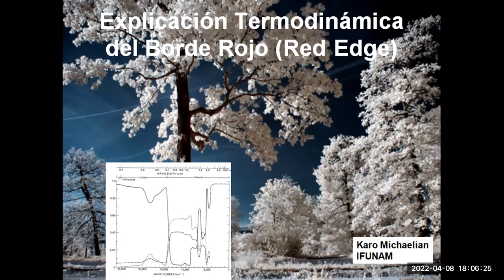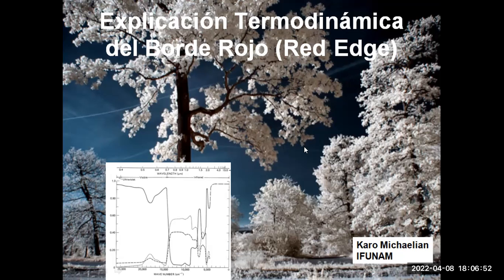So there is a possibility of providing pigments which do absorb in the range 700 to about 1,000 nanometers, but most of them don't. So the question is why? If you have a camera which is sensitive to the infrared, then you can take pictures of trees in the infrared, and this is what your picture will look like.